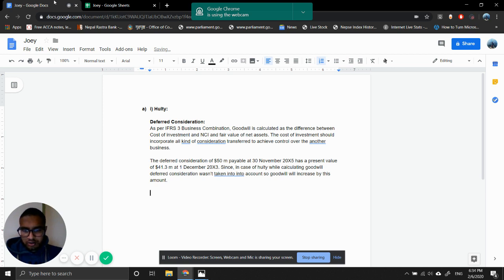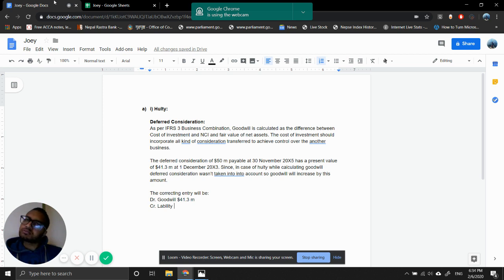The correcting entry will be: we need to debit goodwill by 41.3 million, and then credit liability. This will be under non-current liabilities.